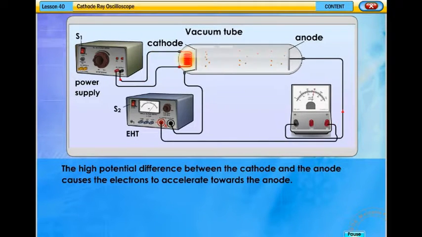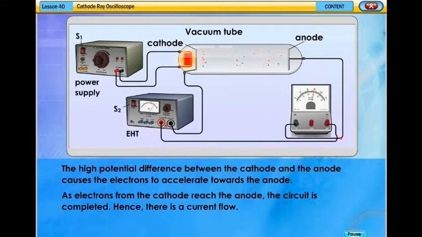The high potential difference between the cathode and the anode causes the electrons to accelerate towards the anode. As electrons from the cathode reach the anode, the circuit is completed. Hence, there is a current flow.